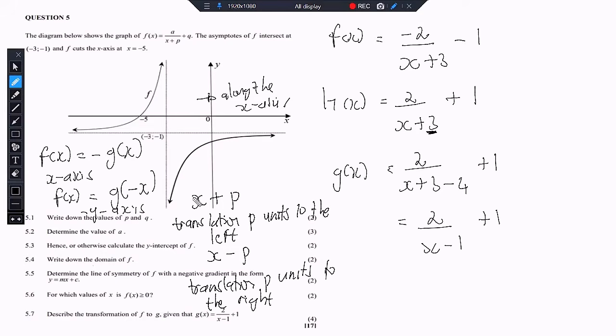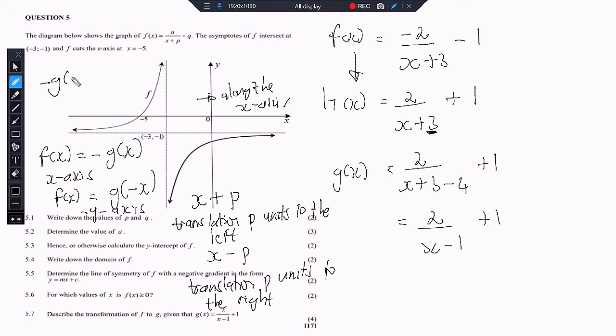So all in all, how are we supposed to describe this transformation that took place here? Number one, we want to comment on this transformation. So this was a reflection along the what? The x-axis, because the a was negative, now it's positive. If we have something like this, it simply means a reflection along the x-axis.